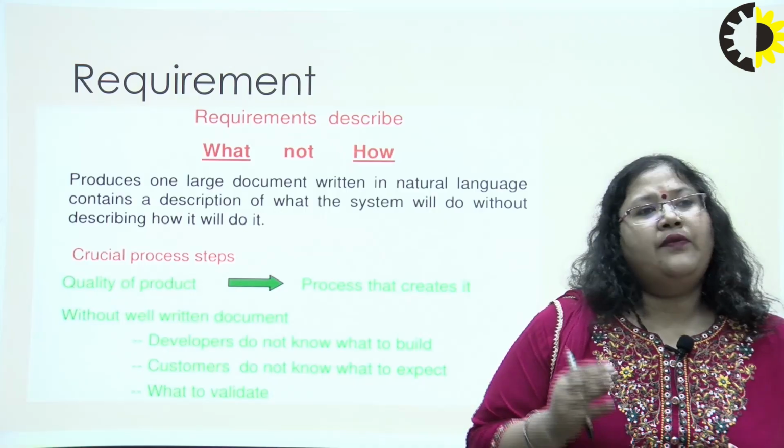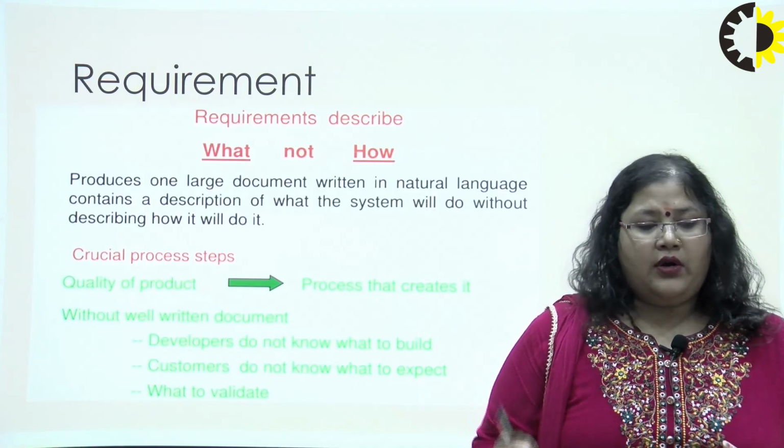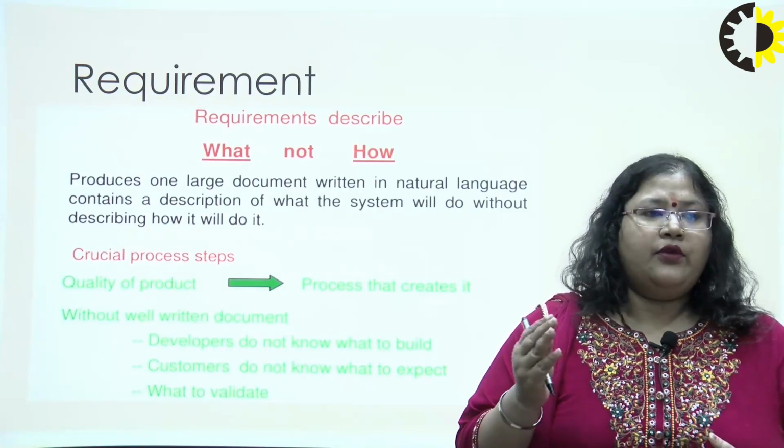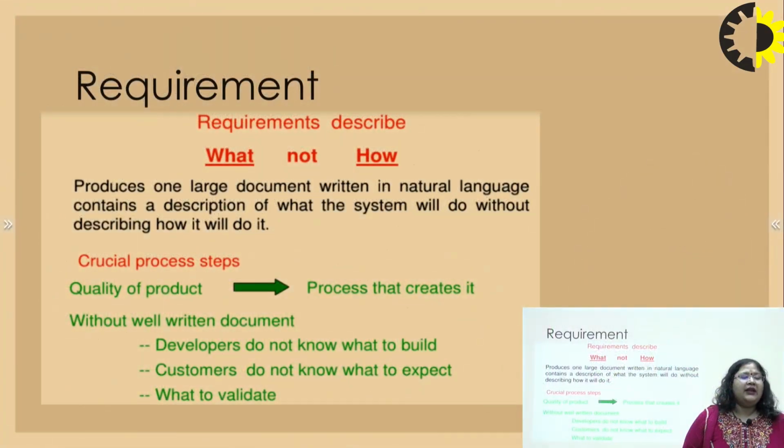So we have to emphasize what we want, what the user actually wants. When we have to collect the requirements, we completely emphasize the elicitation techniques of requirement engineering. Without defining a well-written document, we can't say that the requirements of the users are complete. So we have to develop an SRS.